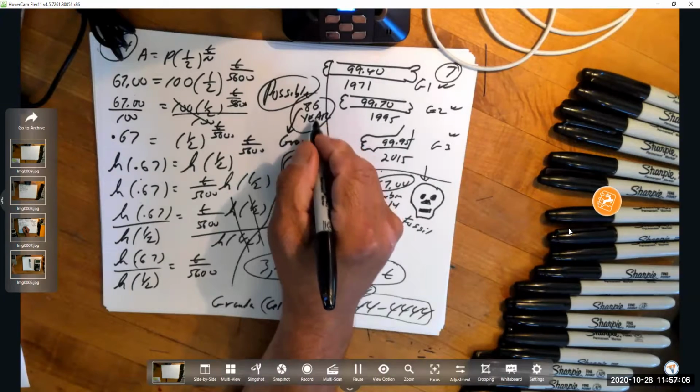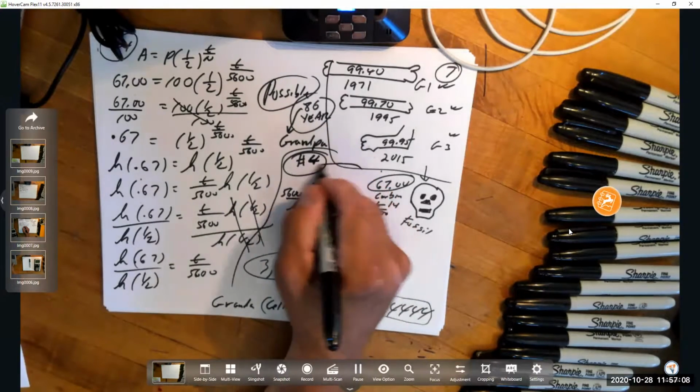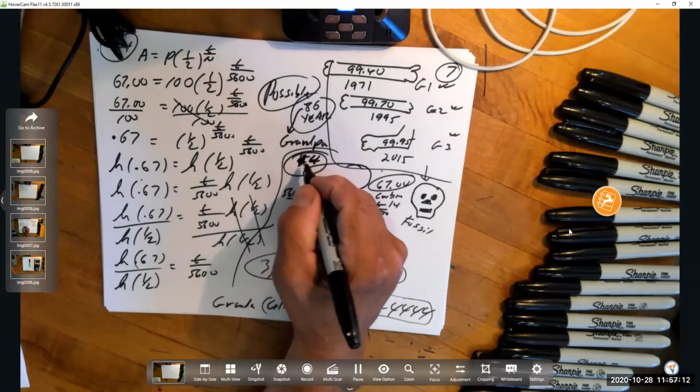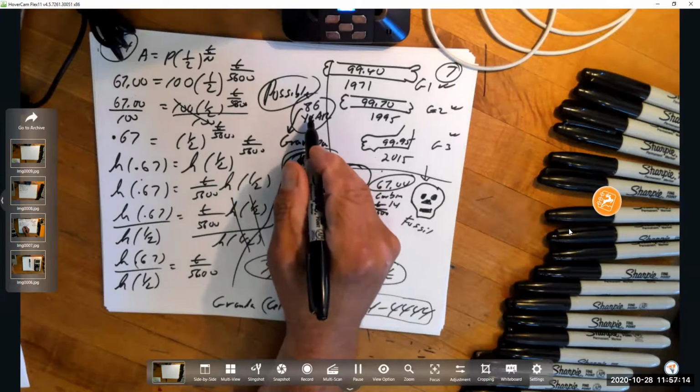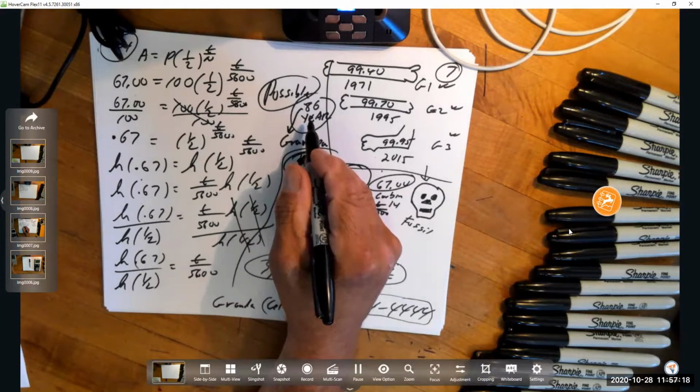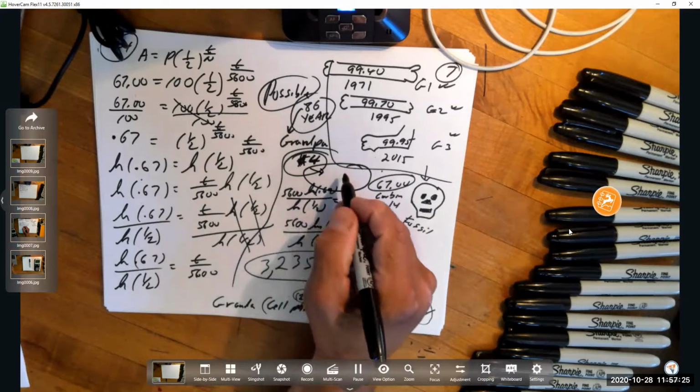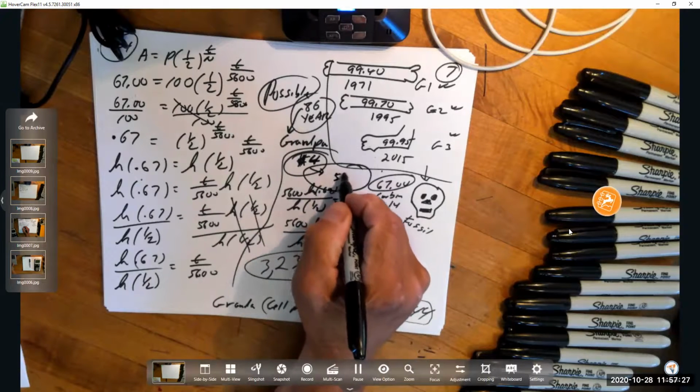From 86, grandpa number 4 could be a lot younger, right? I don't know how young. What do you think? 80 years old? 70? 60? How about 50?